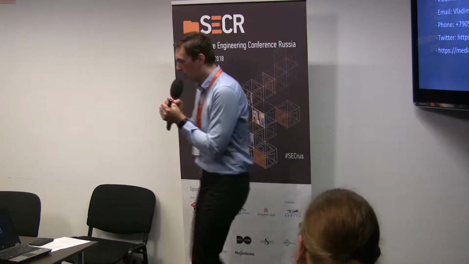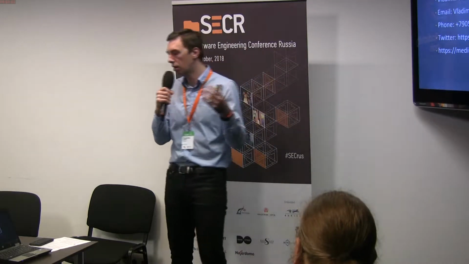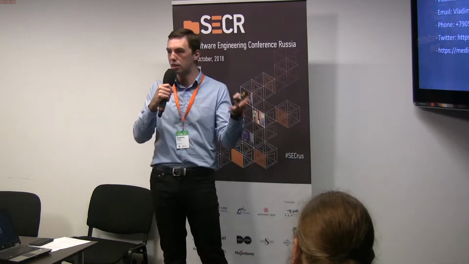Well, I believe I can answer that question. So almost all of our processes are agile. So we gather requirements in an agile style. We develop the product with iterations, with Scrum, and so on. So we're trying to show the result as fast as possible in order to have feedback as soon as possible.